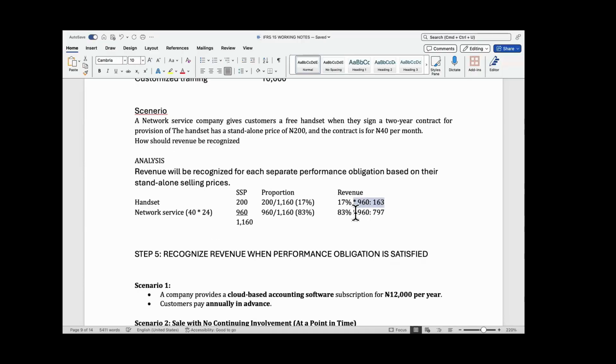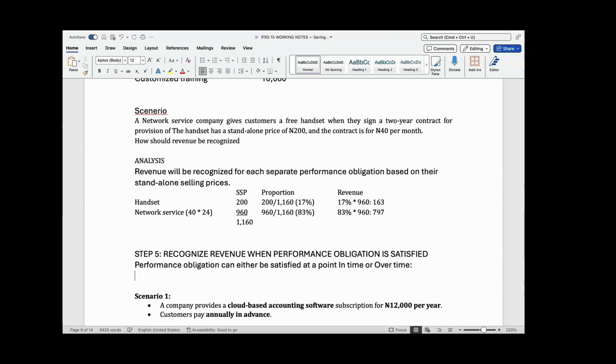Even all this revenue we are computing here, you only recognize it in your books when you have satisfied the performance obligation, when you have delivered the performance obligation. And a performance obligation can either be satisfied at a point in time or over time.